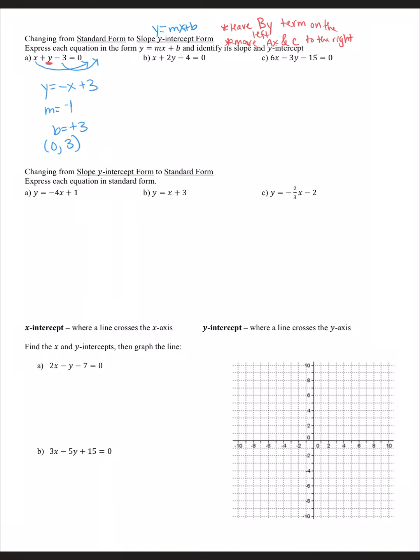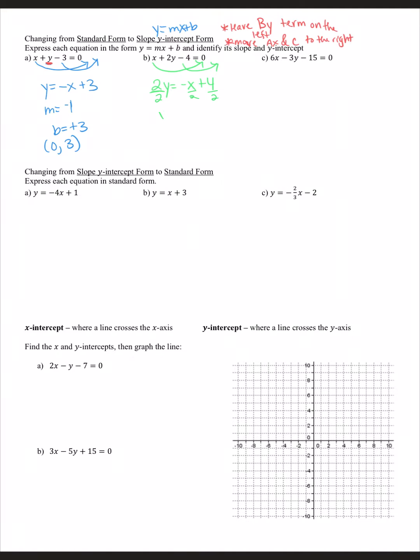So again, I'm going to leave my y there. I'm going to move x over, and I'm going to move that -4 over. So we'll have 2y equals, and this time we'll have a -x, and move that 4 over, we're going to add it. Okay, but we're not quite in that y equals mx plus b form because we still have to deal with this 2, right? We got to get y all by itself. So our algebra rules say it's being multiplied there, so to get rid of it, we have to divide everything by 2.